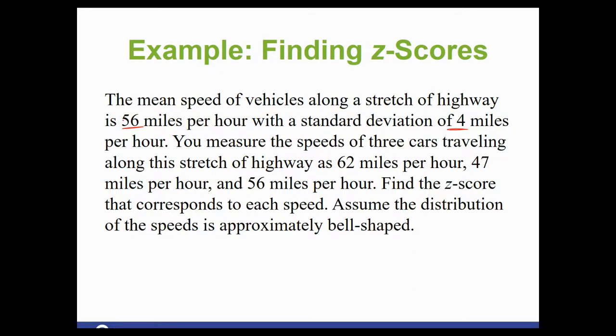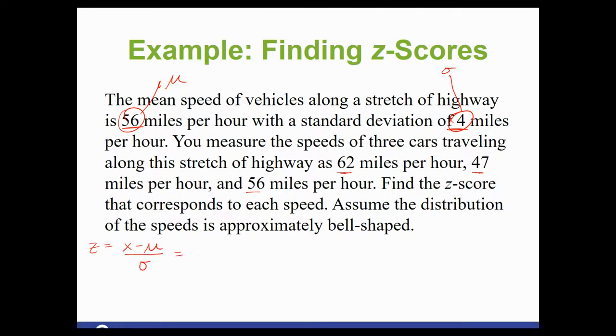So they give us our mean. They give us our standard deviation. And then these 3 right here are different x values. And since they give you 3 different ones, you're really doing this 3 different times. So just a reminder of the formula.